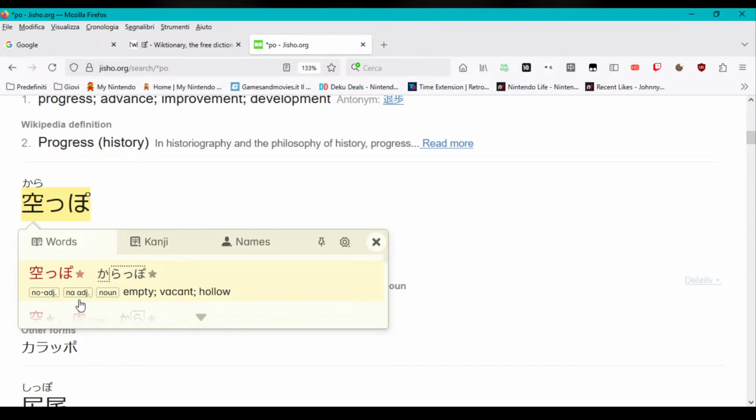It's one of those words where you can use both no and na when putting it before another word to specify it. But again, we'll see these aspects in more detail when the time comes.